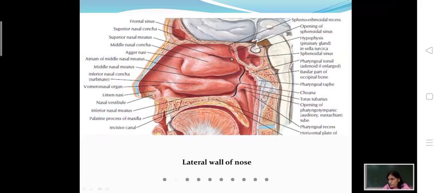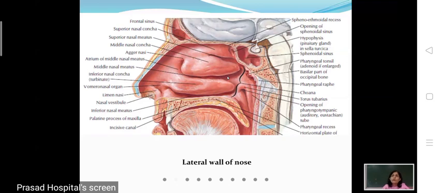Meatuses can only be seen after removal of these conchae. When you remove or lift these conchae, only then will you be able to visualize the meatus. But we have a schematic diagram here. So I think you got the concept of conchae and meatus.